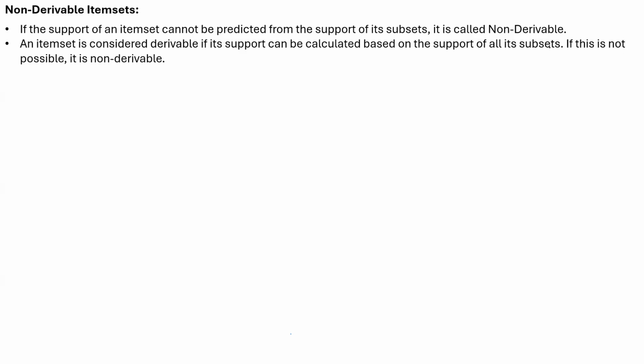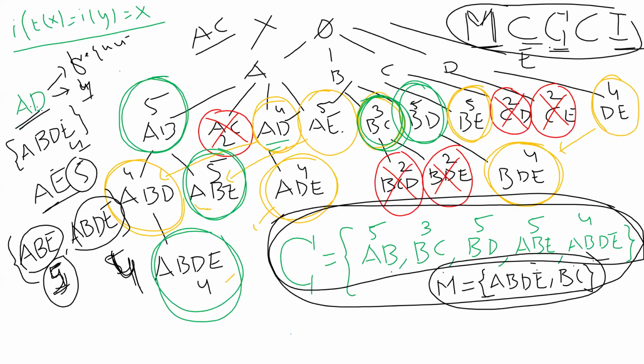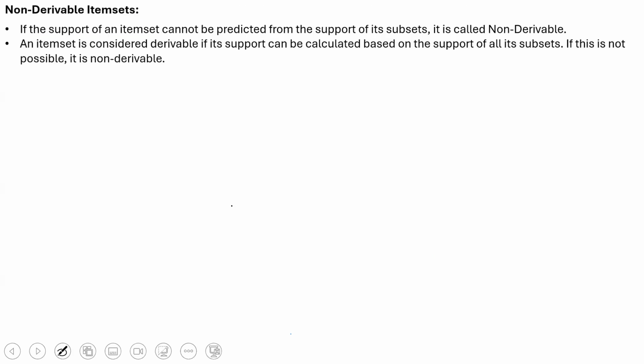That means if you take this example, what is the superset in this? ABDE is a superset. If we are not able to derive the support of this ABDE from its subsets, we call that non-derivable. An item set is considered derivable if its support can be calculated based on the support of all its subsets.